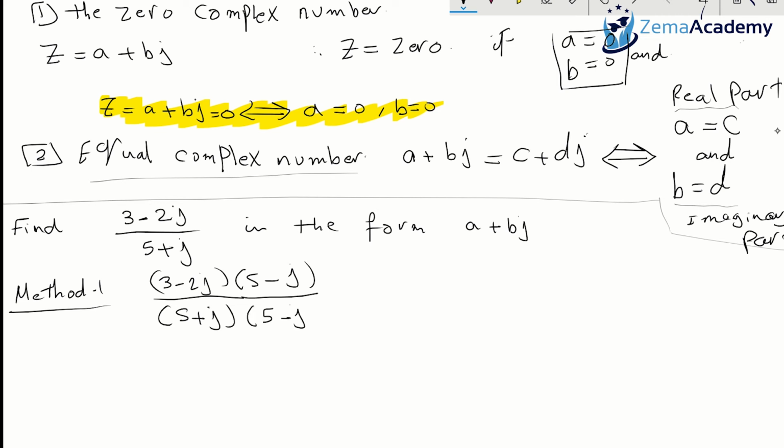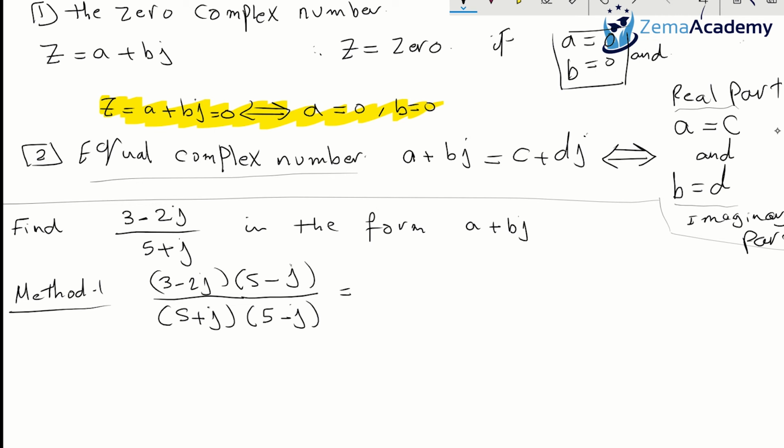And you remember the conjugate, basically you change the sign of the imaginary part only. So for example, 5 plus j, the imaginary part here is plus 1, so to have the conjugate you say 5 minus j. You change the sign. Now, let's remove the brackets.